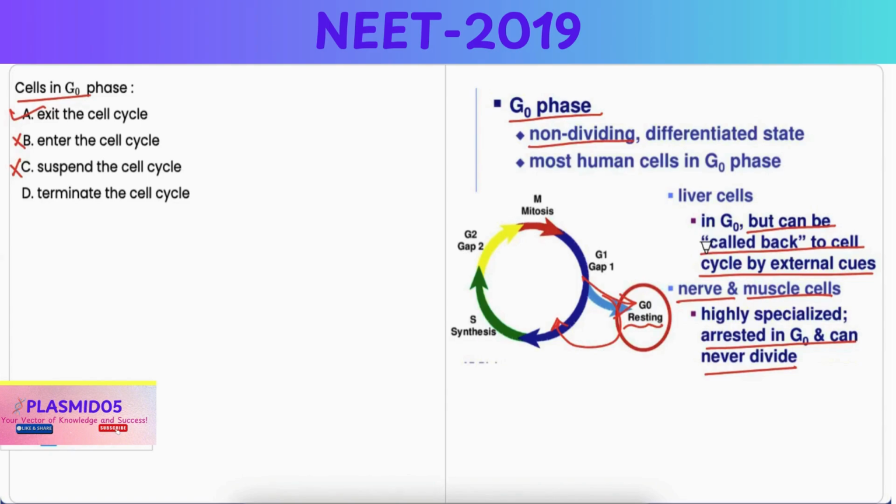Option D, terminate the cell cycle. It is also incorrect. Cells in G0 phase do not terminate the cell cycle permanently. They simply exit it temporarily or indefinitely. The cell cycle as a whole continues in other cells, so this is not a termination.